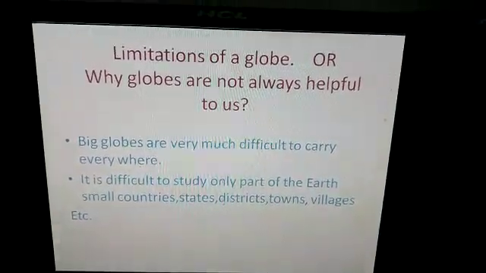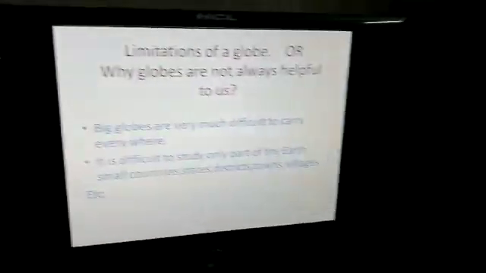But there are some limitations of a globe. This question is always coming to our mind: is the globe always helpful or not? I am telling no. What is the reason behind it?